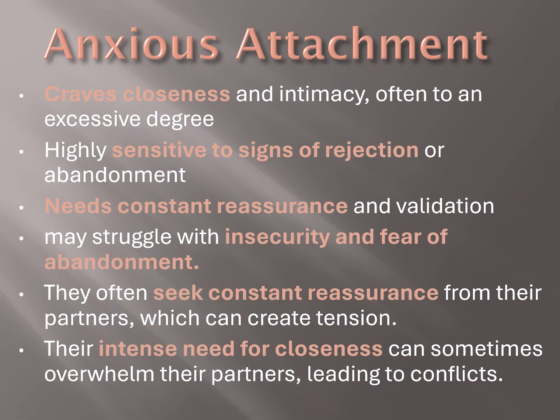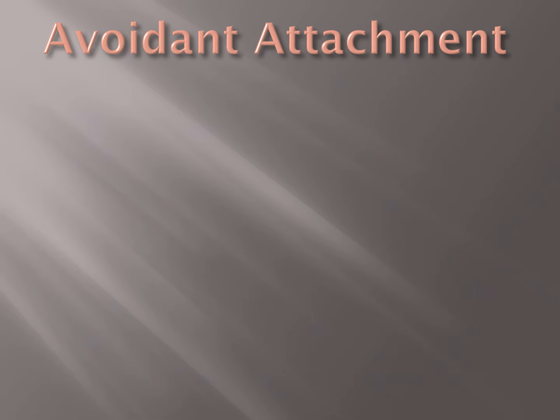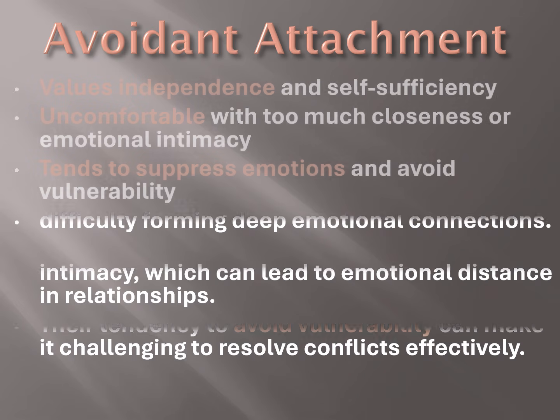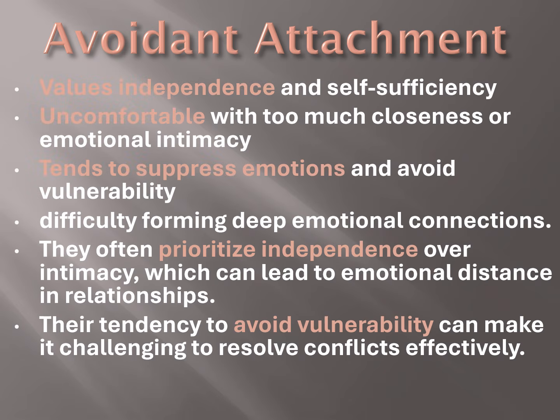Of course, nobody does. But you need constant reassurance, and you feel insecure. You can read those over later if you want to. And avoidant attachment is where you want to be independent. You don't like someone holding on to you too much. You suppress your emotions and you avoid vulnerability.